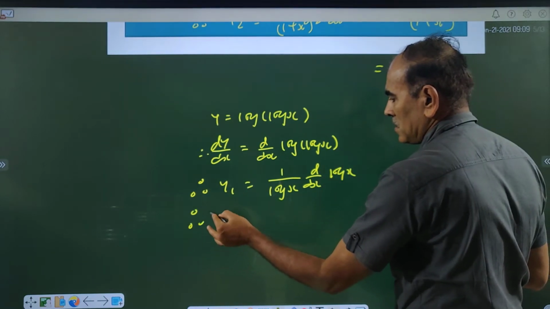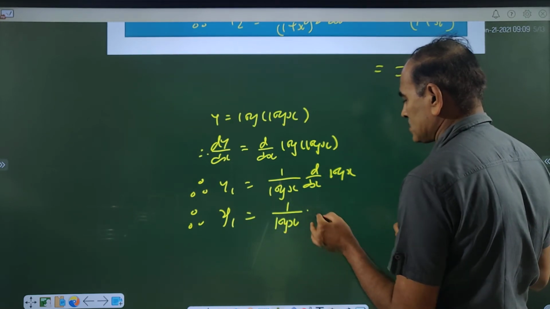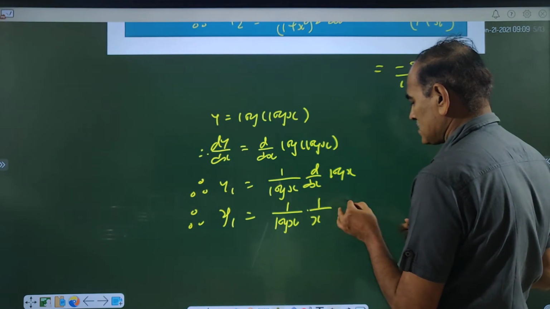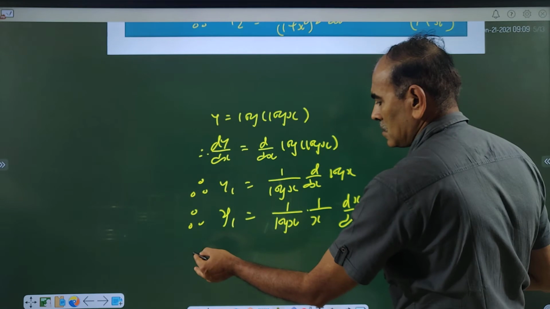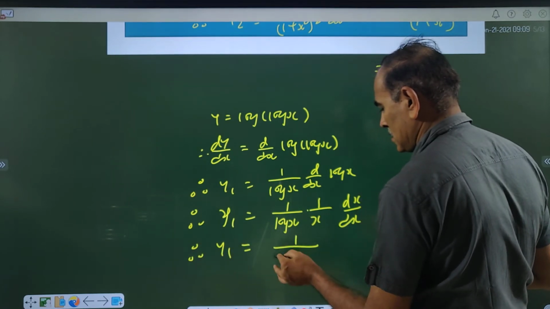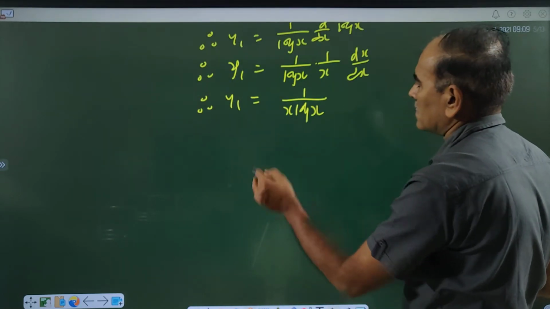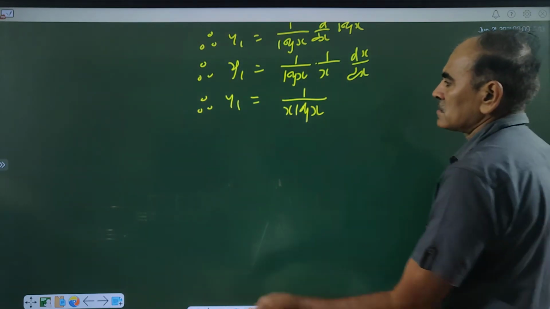And therefore y1 is equal to 1 over x into d by dx of x. So, and therefore what we get? y1 is equal to 1 upon x log x.